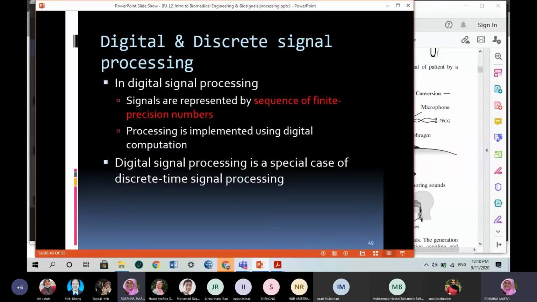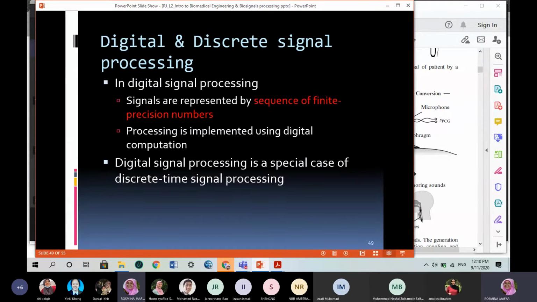Because inside our body, even if you look at the heartbeat, consider the heart rate is 60 beats per minute, every second 1 heartbeat, and the propagation of the electrical signal from the SA node to the Purkinje fibers takes place within 1 second, within 1000 milliseconds.